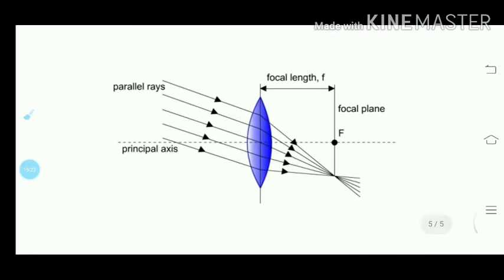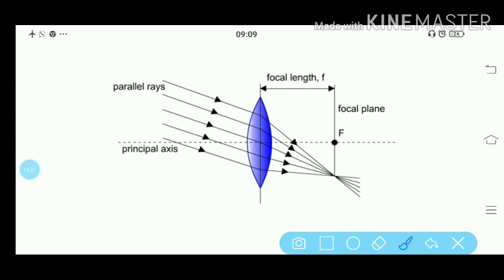Now next is focal length. The distance of the focus from the optical center of the lens is called focal length. Here also two focal lengths. First focal length: the distance from the optical center of the lens to its first focus point f1 is called the first focal length, denoted as small f.